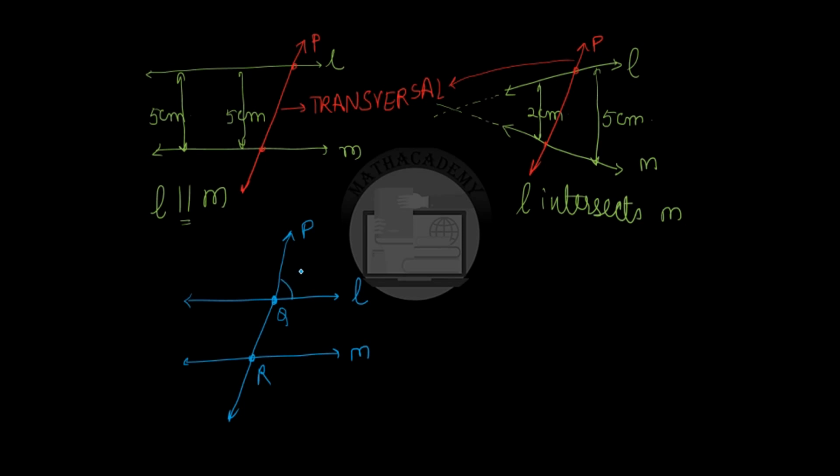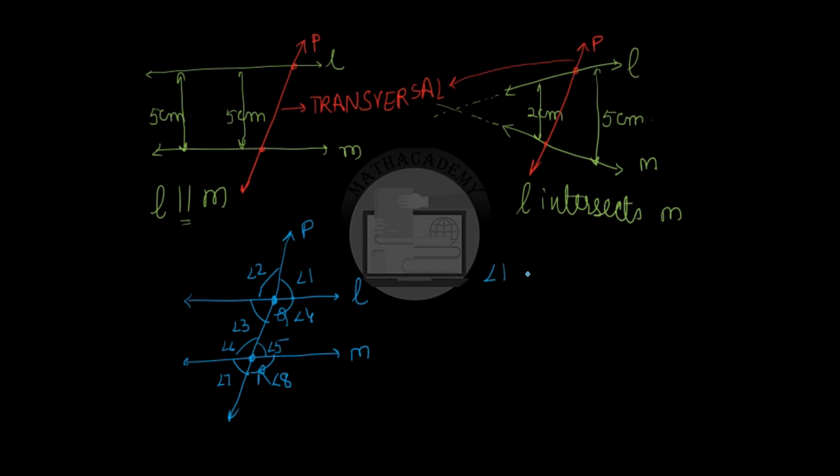So angle 1, this is angle 2, angle 3, angle 4, and similarly the point where it intersects the other line, angle 5, angle 6, angle 7 and angle 8. These are the 8 angles which are formed when the transversal is intersecting the two lines, whether they are parallel or whether they are not parallel.